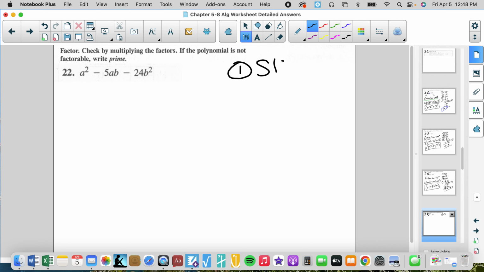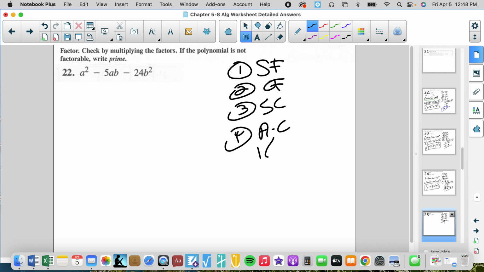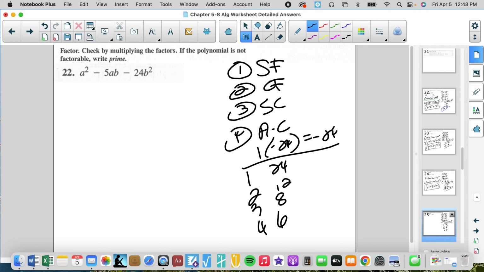Standard form, yes. Common factor, no. Special case, no. A times C, 1 times negative 24. 1 and 24, 2 and 12, 3 and 8, 4 and 6. Signs are different. Bigger is positive. Negative 5 is this one.